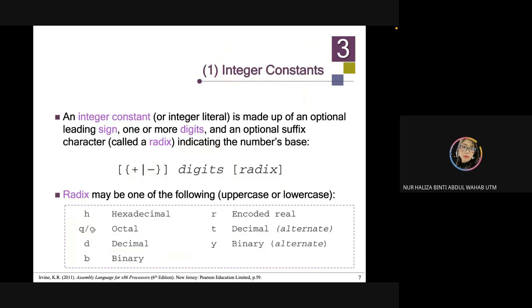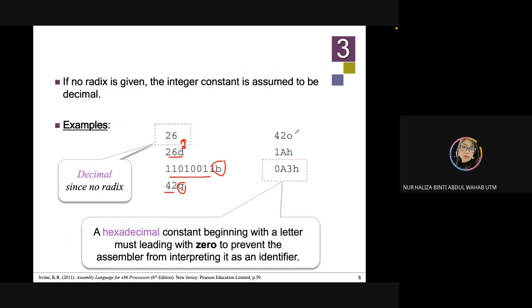So here is O, which is octal. Now it's hexadecimal. And there is one more thing. First is this one: if there is no radix, it is assumed to be decimal.